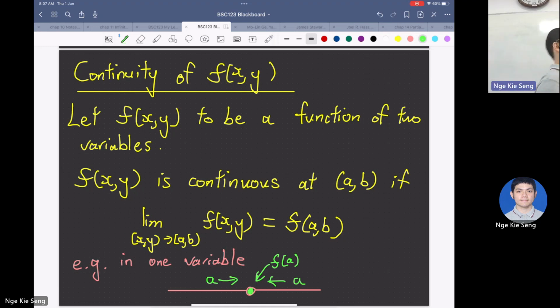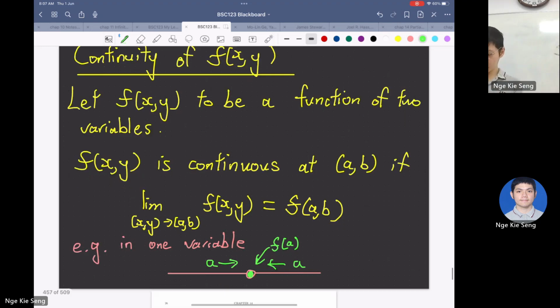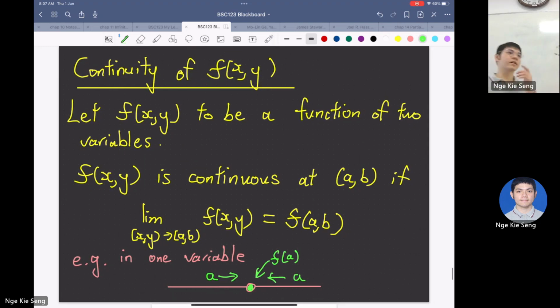So you can imagine this picture in 2 dimensions or 3 dimensions. Okay. So the limit has to equal the value of f. Make sense? Okay. So let's do one example.